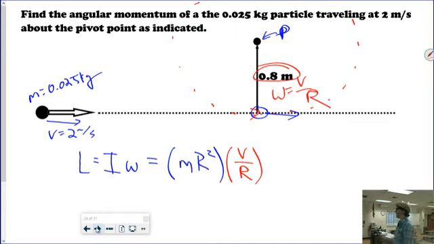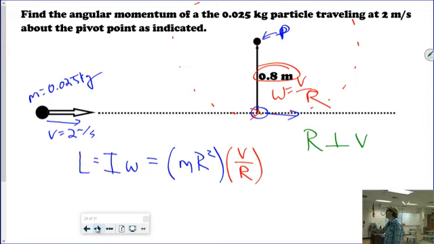But notice, this is a little bit weird. So r is the radius from the particle to the pivot point, but you just measure the component of that distance perpendicular to the velocity. That took way more words than I needed. When you measure your radius, you always measure it so that it is perpendicular to your velocity.